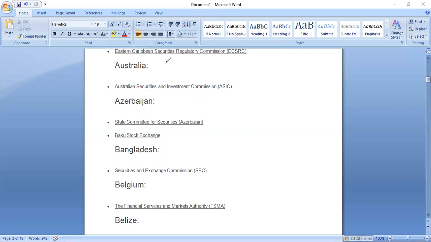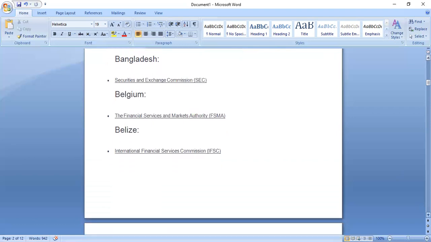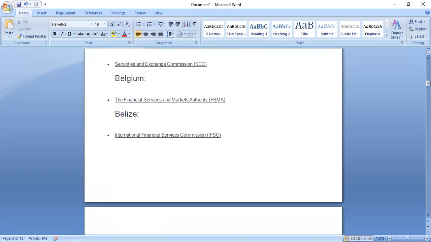Now, when we go to Belgium, we have the Financial Services and Markets Authority, FSMA. So if you sign up to an online broker, find out whether it is coming from Belgium. If it is coming from Belgium, you should find out whether they are being regulated by this institution.